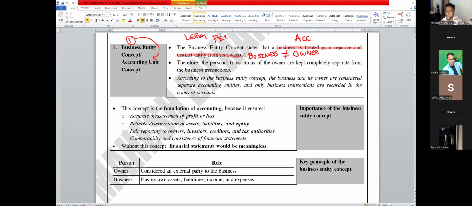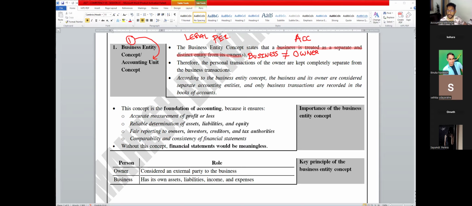Now, what does legal personality mean? In front of the law, if a business organization is recognized as an artificial person, it is recognized as a business which has a legal personality. For example, a public limited company is a business organization with a legal personality. But sole proprietorships and partnerships do not have a legal personality.